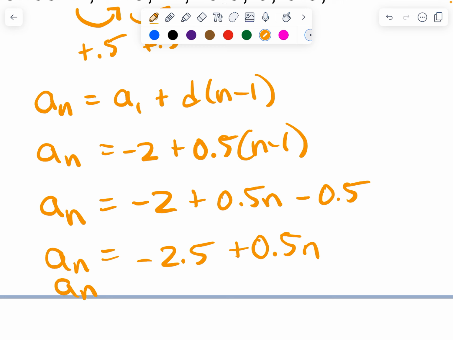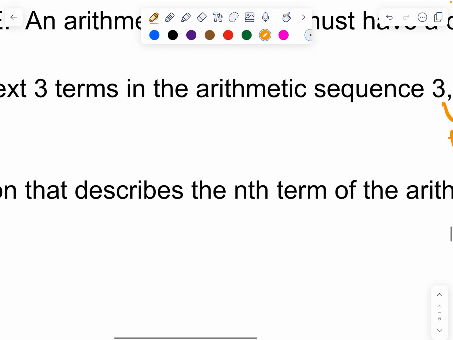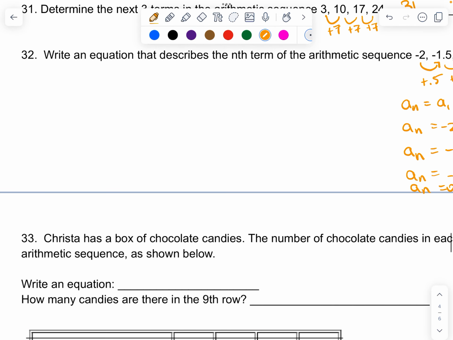And normally you have it in descending order, so you would have this. Okay, over here, oh, that's it.